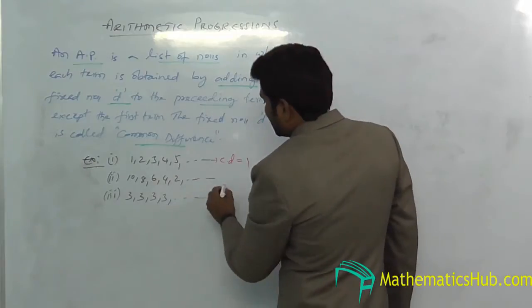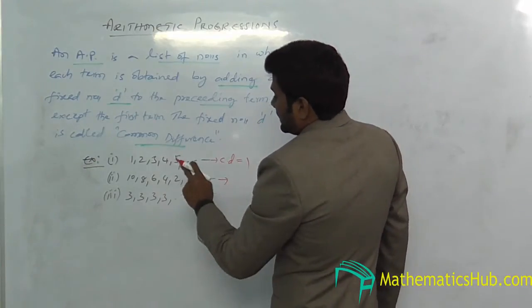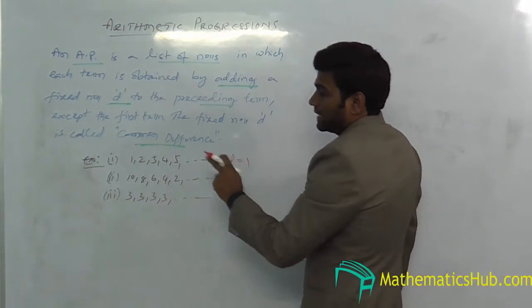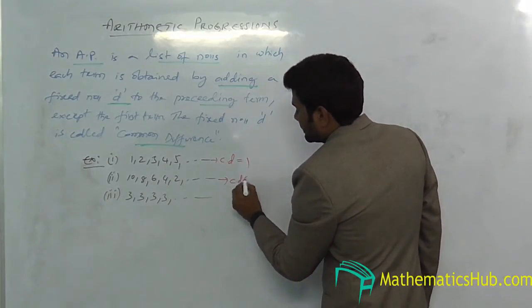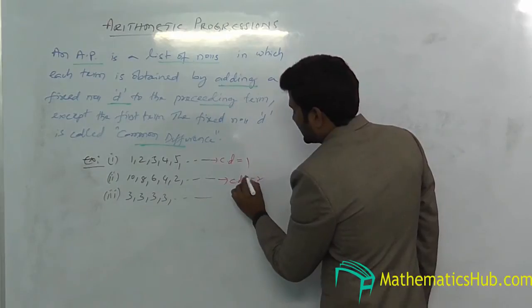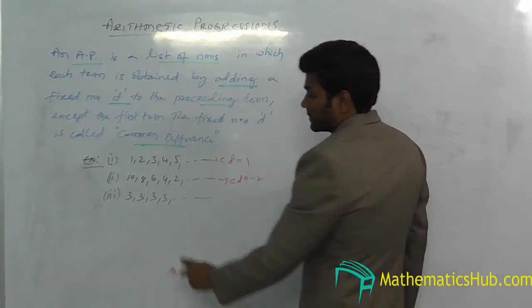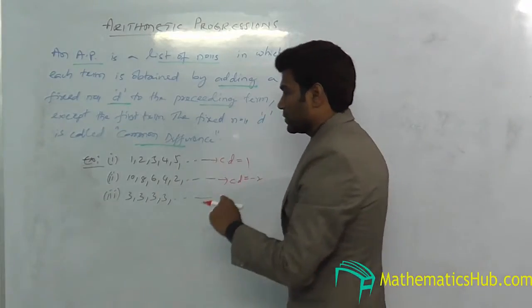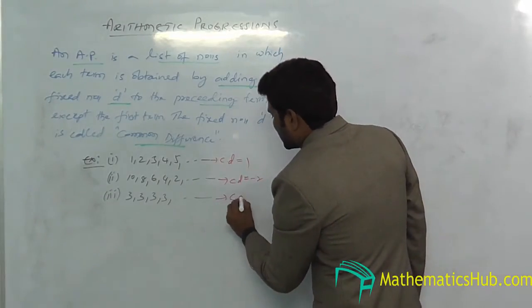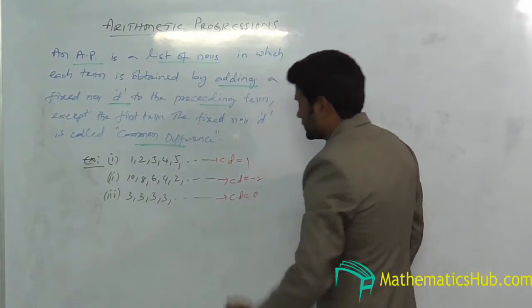In the second example, each term is obtained by adding minus 2 to the preceding term, that is CD equals minus 2. In the third, each term is obtained by adding 0 to the preceding term, so CD equals 0.